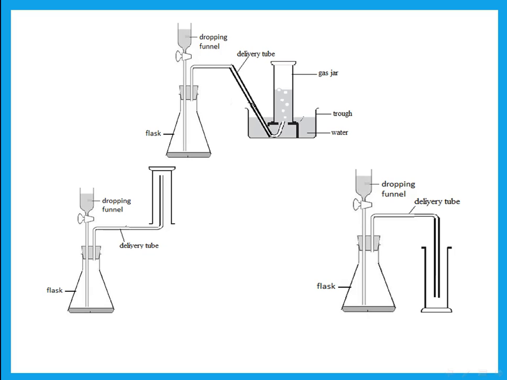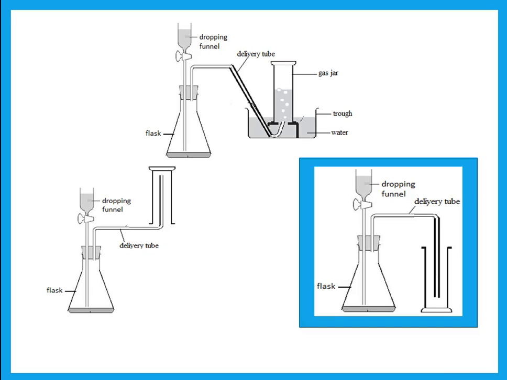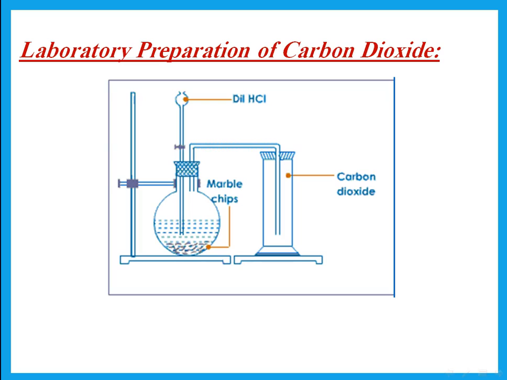So we have to use either upward delivery, in which the jar is inverted, or downward delivery, in which the delivery tube goes down. Now, which one do we use? We said we use upward delivery with an inverted gas jar if the gas is lighter than air. But since carbon dioxide is heavier than air, then we use the delivery tube going down, and this method is called downward delivery.